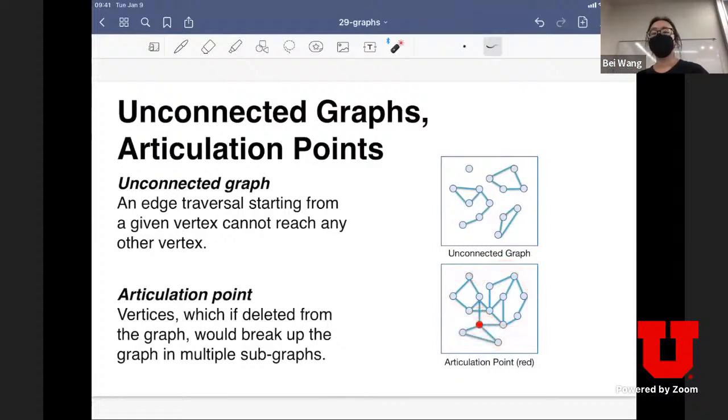The best example is to think about an island connected to the mainland by a bridge. If you break any point on the bridge, you disconnect the island from the mainland. So it can indicate a little bit the importance of this node. But there are other ways of measuring the importance of a node in a graph. All right.